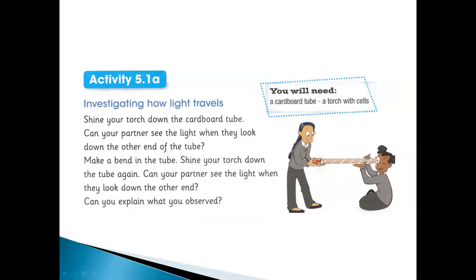The torch is here, and your partner is standing here. Shine your torch down the tube again. Can your partner see the light? Obviously not. If there is even a little bit of a curve, the light does not pass through, because light travels in a straight line. If it's blocked, it stops. So can he or she see it? No, he cannot see it. Can you explain what you observe?